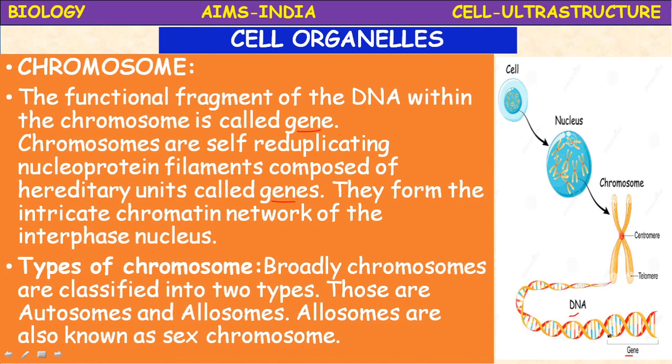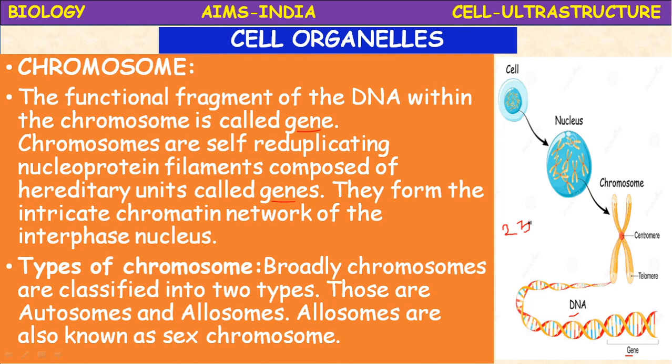The types of chromosomes, it is very important. Chromosomes are broadly classified into 2 types. They are autosomes and allosomes. So what are autosomes and allosomes? As I told you, for example, in human beings there are 23 pairs, which means 46 chromosomes.